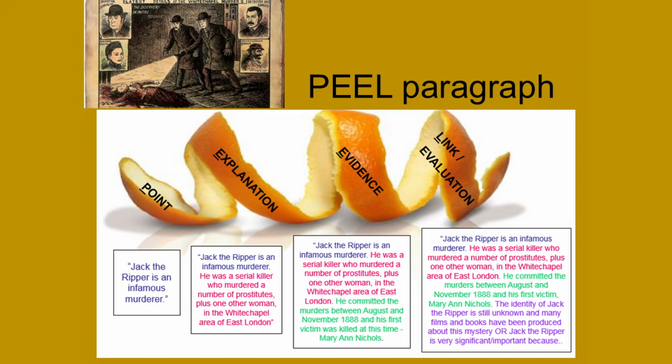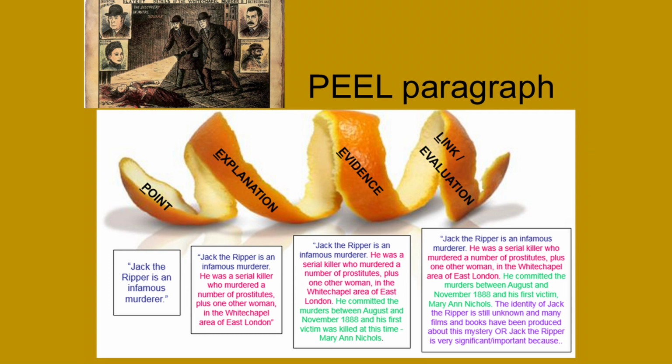The first student has written, Jack the Ripper is an infamous murderer. Correct. Explanation. The second student: He was a serial killer who murdered a number of prostitutes plus one other woman in the Whitechapel area of East London. That's the explanation. The third student, who has to give evidence to support the explanation: He committed the murders between August and November 1888, and his first victim was killed at this time, Mary Ann Nichols.